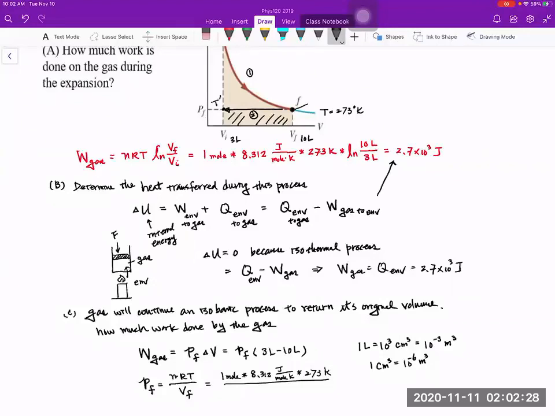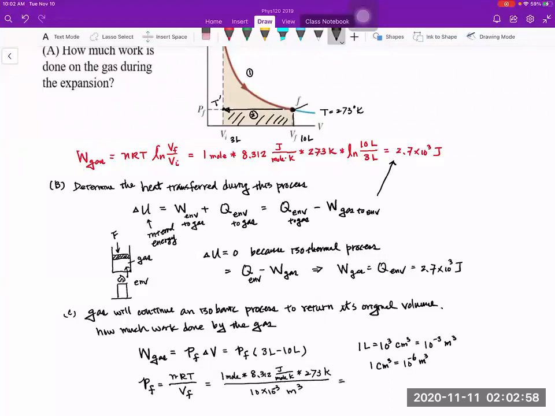So if you use this point to calculate the pressure, you have to use the volume of this point as well. So you're using the final position of the volume, and that is the 10 liter, so that is 10 times 10 to the negative 3 meter cube.